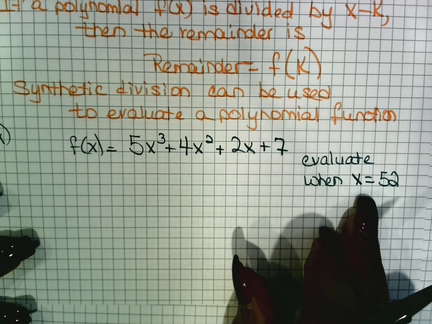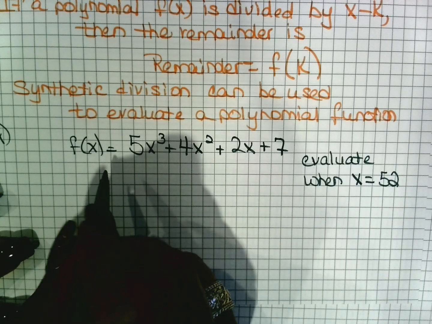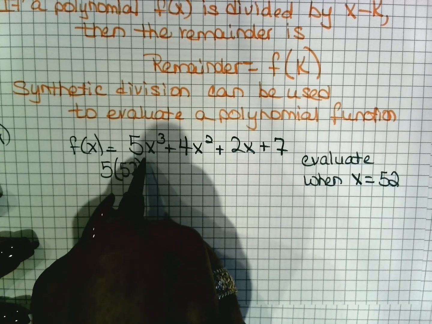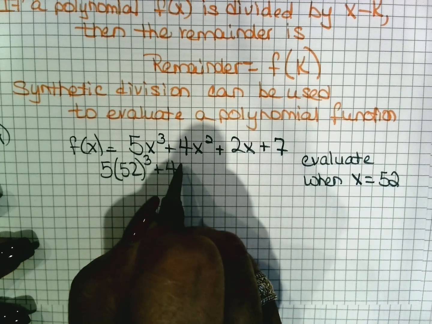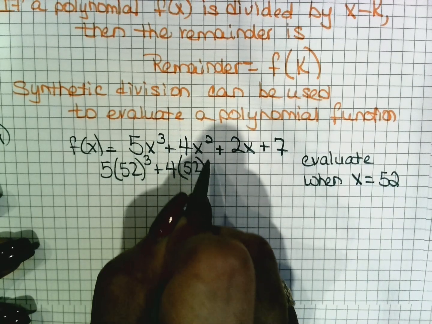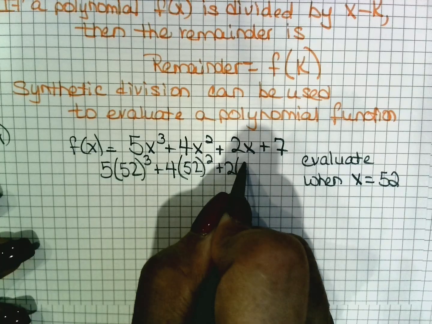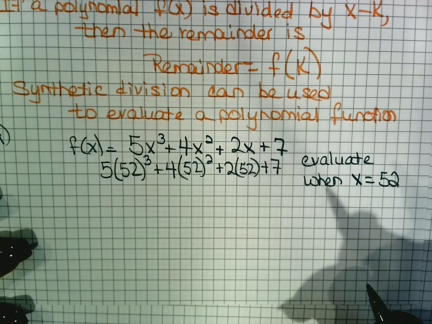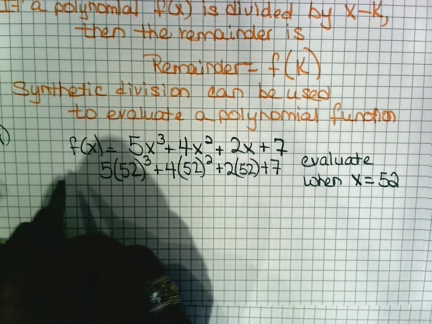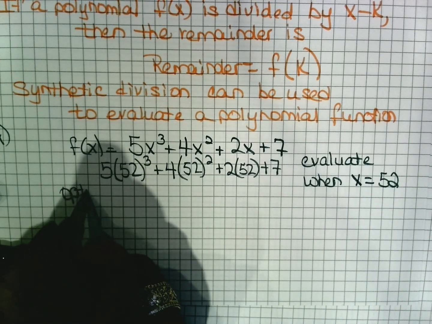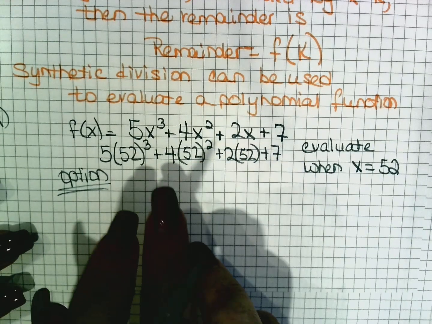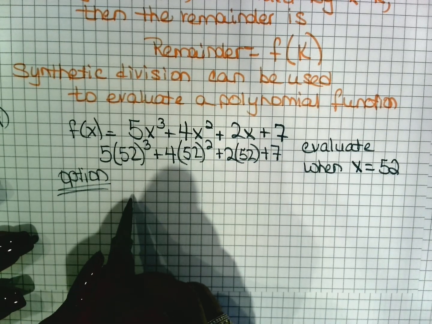Now normally the way you would have to do this is you would have to put a 5 here, 52 to the third, plus 4, 52 squared, plus 2 times 52, plus 7. That's a lot, all right? If you want an option, and again, all we're doing is giving you an option, you can do it this way.